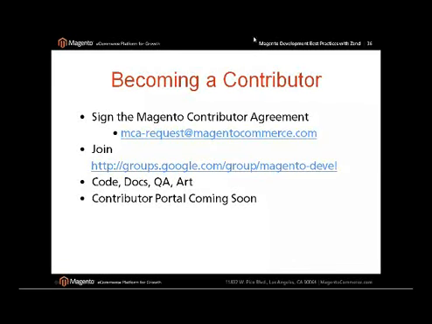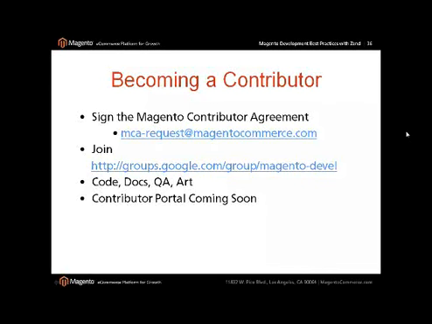Hey everybody, this is Kobe again. I'm just going to run you briefly through how you can become a Magento contributor. We know that there are many people out there who have already signed the Magento contributor agreement and are already on the development list. But I'm sure there are just as many on the webinar today who would like to start sending us patches or working on Magento development and don't know where to begin.